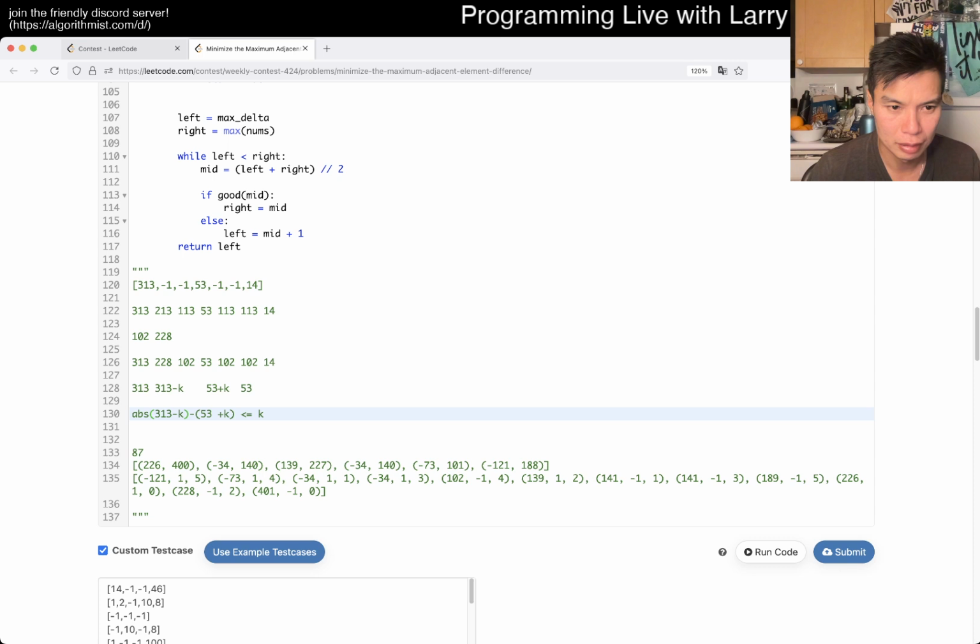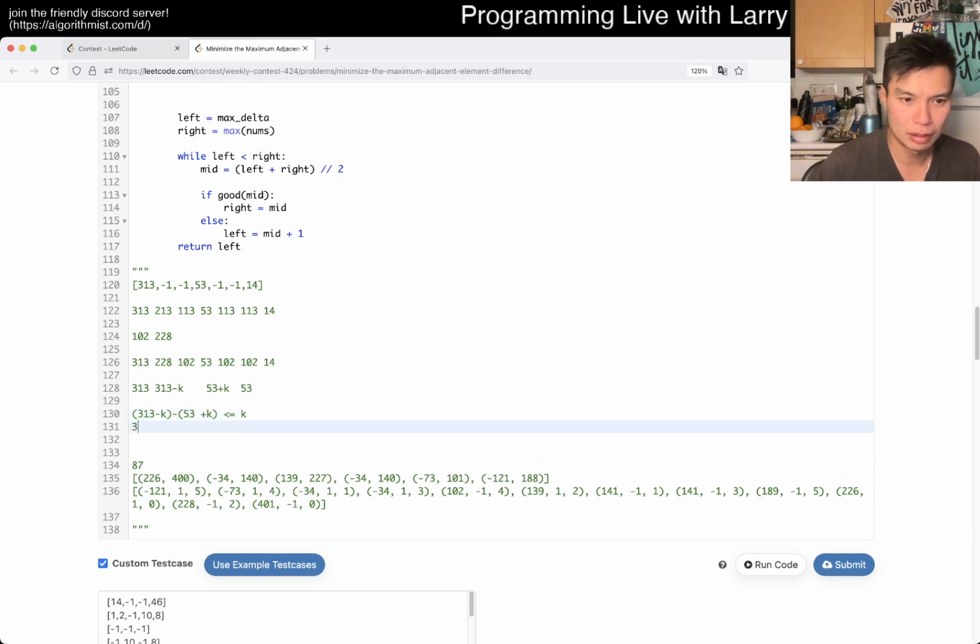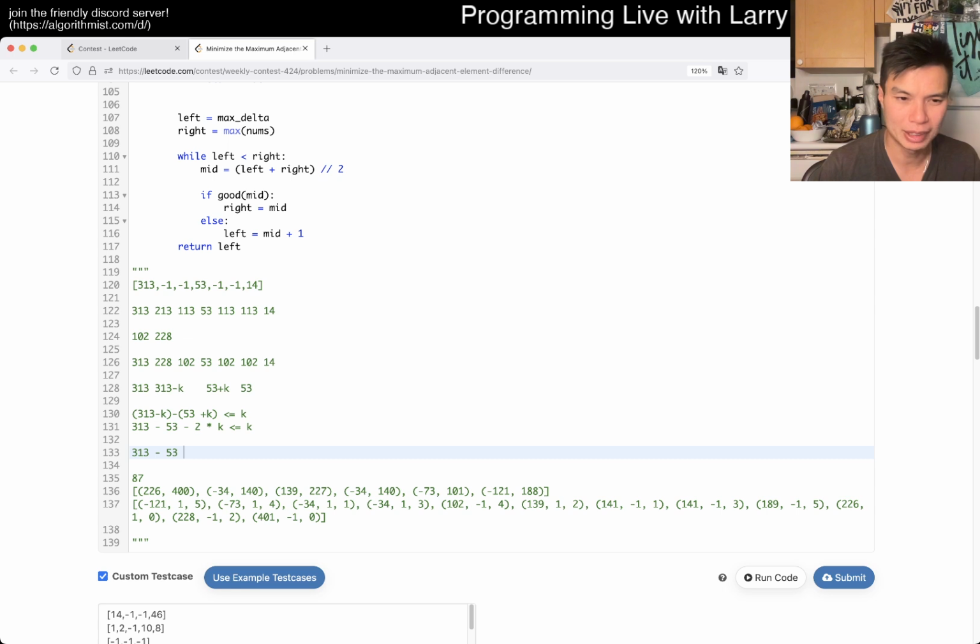No. This is minus 2 times k, right? So then now you times or add k on both sides, and you have 313 minus 50d, or plus k on both sides, or plus 2k on both sides. So you have this. Does that even make sense?